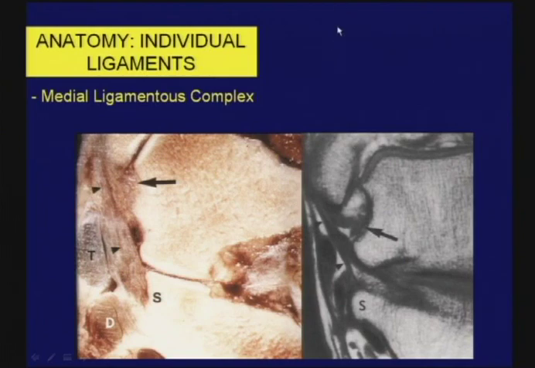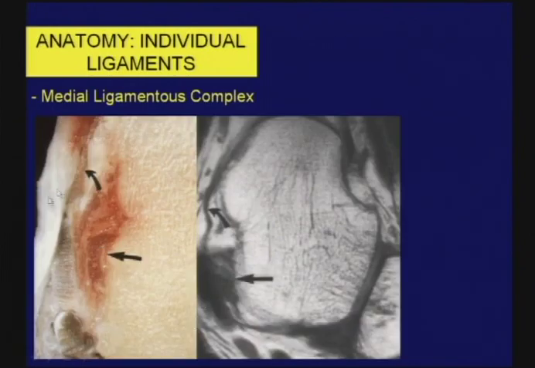A little more anteriorly, this is the deep anterior portion of the deltoid ligamentous complex. Here is the superficial portion running between the tibia and the sustentaculum tali. The tendons are superficial to that. Exactly what this structure is, it's probably a part of the spring ligament, part of the superficial deltoid, but I'm not sure.